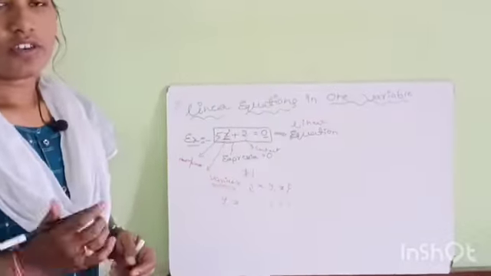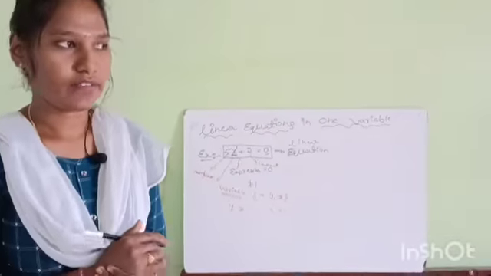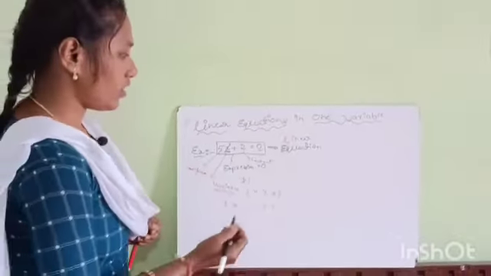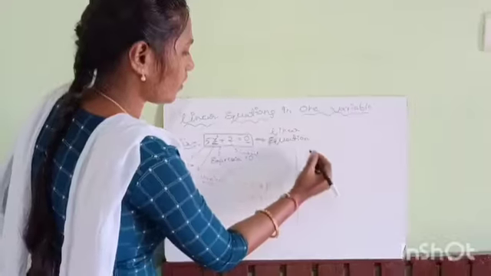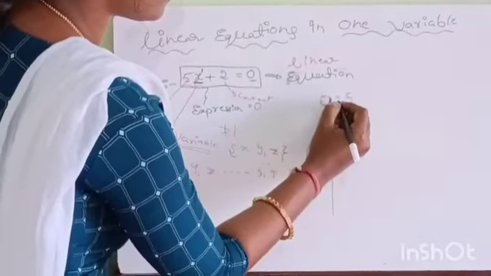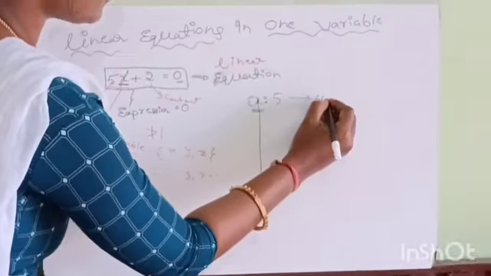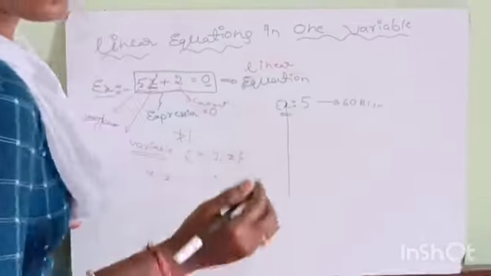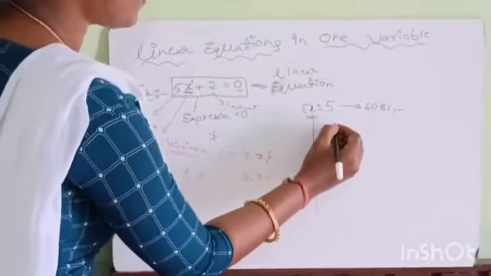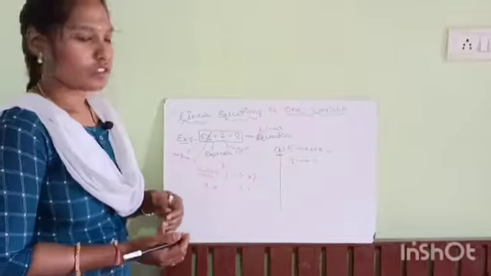Now we can discuss how these linear equations are used in our day-to-day life. For example, 5 pens cost 60 rupees. Then what is the cost of 1 pen? How can you solve this problem?